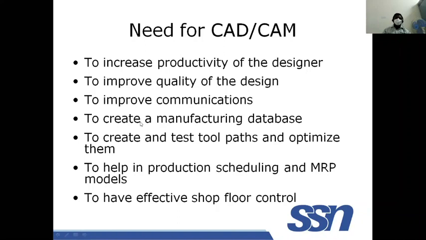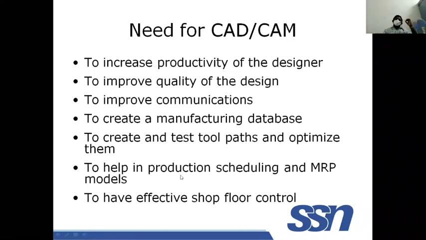To create a manufacturing database, create and test tool paths, and optimize them is related to CAM. The direction of the tool and the path taken by the tool can be effectively optimized with the help of CAD CAM tools. This part we can discuss very elaborately in units 4 and 5 in particular.